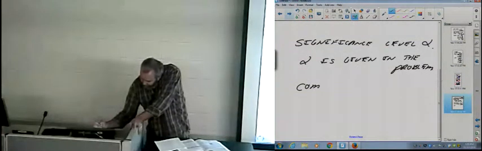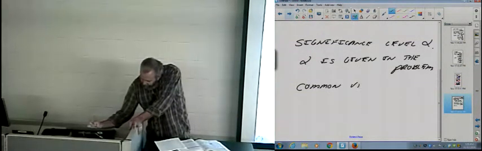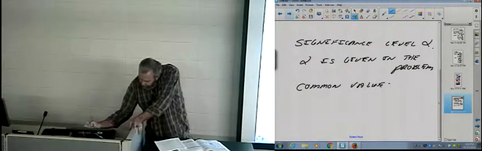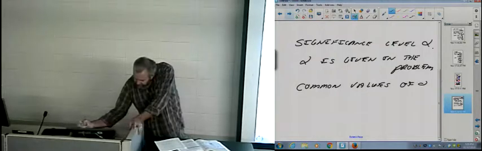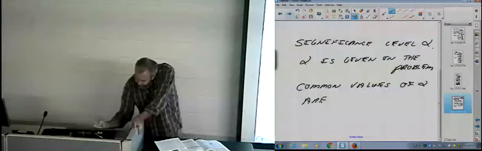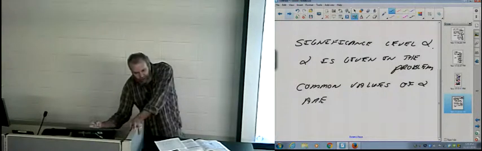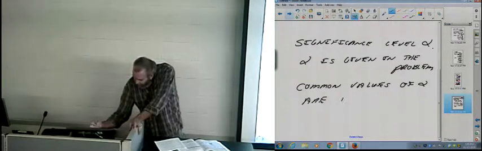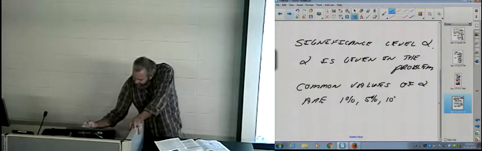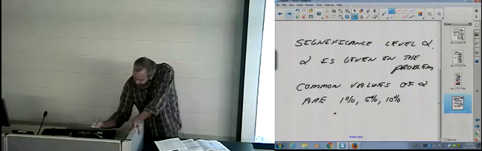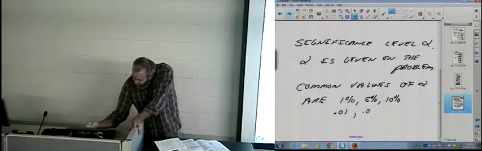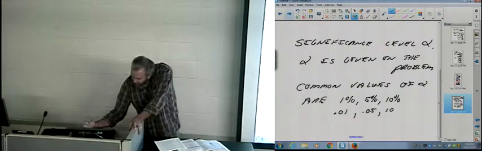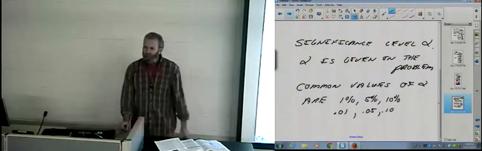Common values of alpha, and I'm going to give it to you in terms of percentage, are the 1% level, the 5% level, and sometimes maybe the 10% level. So we're looking at 0.01, 0.05, 0.10 level.